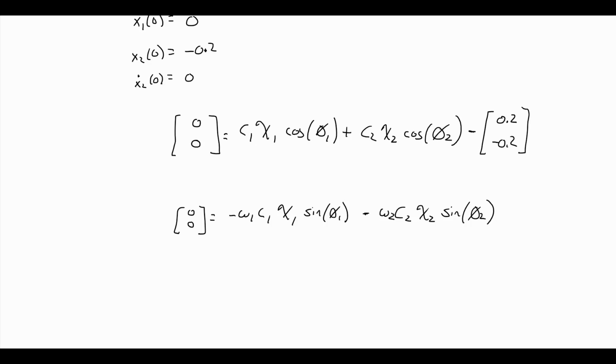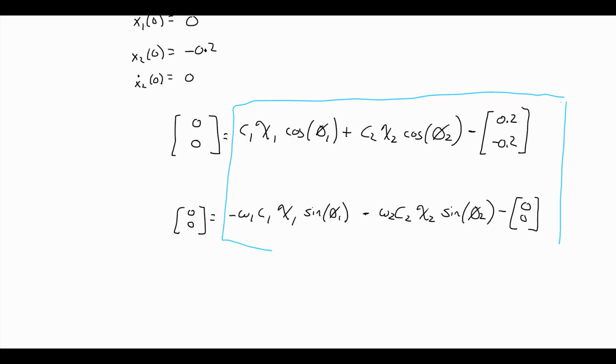So I'll just get rid of this, and we would subtract off 0, 0 just for good measure. This is what it's going to look like in MATLAB. So these are the equations that I'm going to put into the fminsearch to minimize, because when each one individually is 0, that means that I've satisfied the constants that make the initial conditions true.